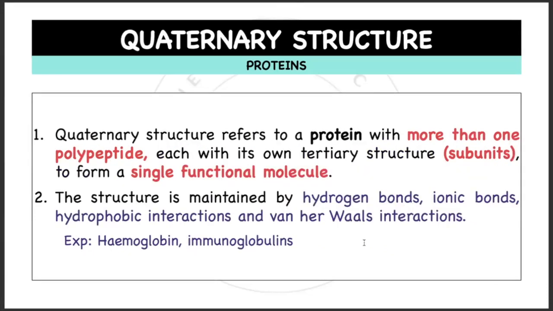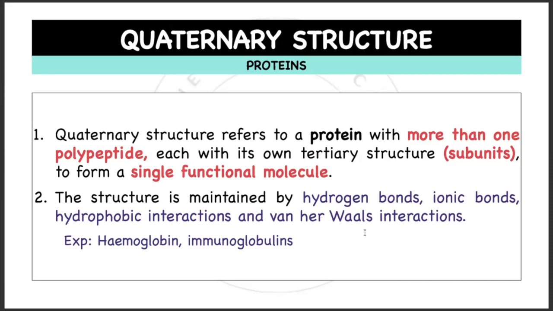And finally, quaternary structure. Quaternary structure refers to a protein with more than one polypeptide, each with its own tertiary structure, or subunits, forming a single functional molecule. The structure is maintained by hydrogen bonds, ionic bonds, hydrophobic interactions, and van der Waals interactions.